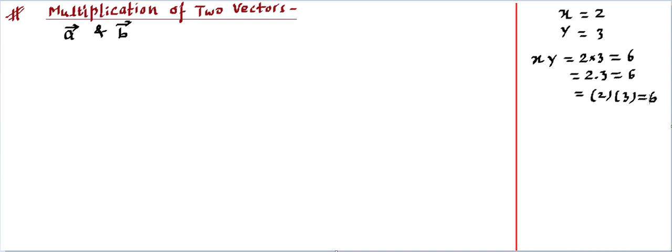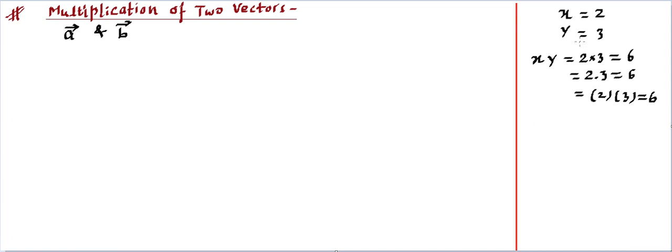I'm just trying to write what we do in case of scalars. If one number is given as 2, another as 3, and somebody says find the product, we simply multiply them. Sometimes we put a cross in between, sometimes a dot, and sometimes we put them within brackets. That indicates we are going to multiply them.